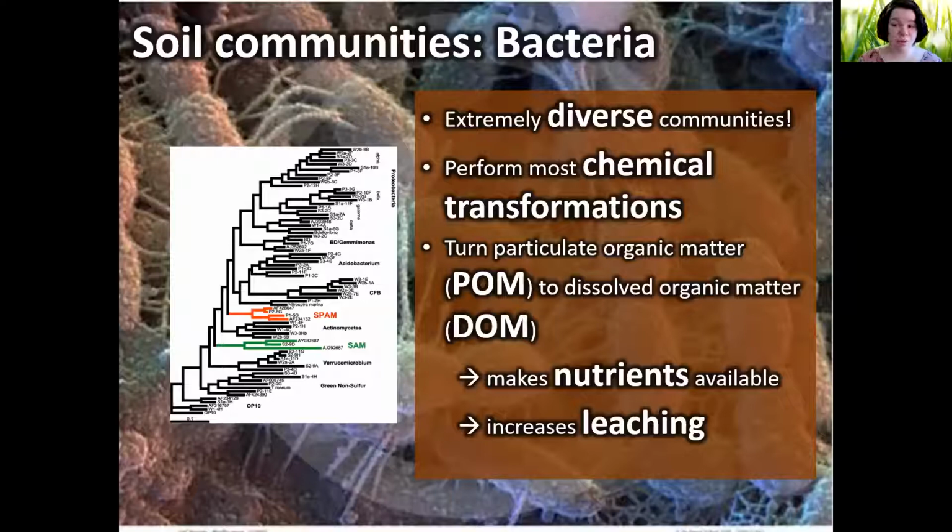They also perform most of the chemical transformations in soil ecosystems. They're responsible for turning particulate organic matter into dissolved organic matter, which makes nutrients more available and also increases rates of leaching from soils into groundwater. We will take a closer look at some of the bacterial reactions and some of the chemical transformations later in this lecture.